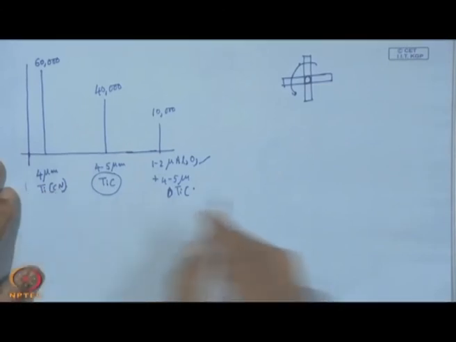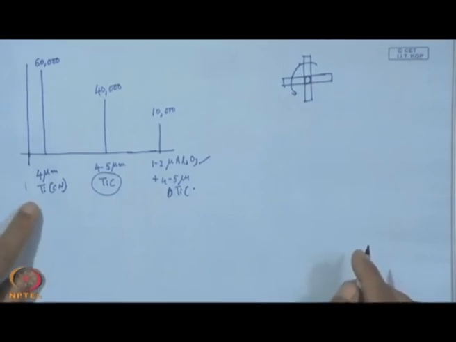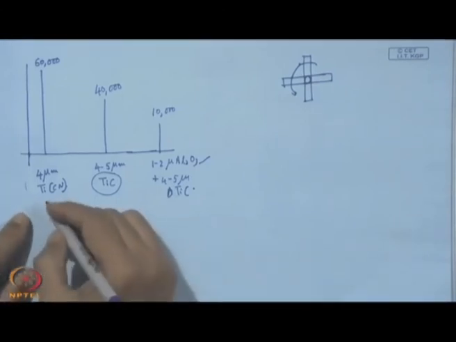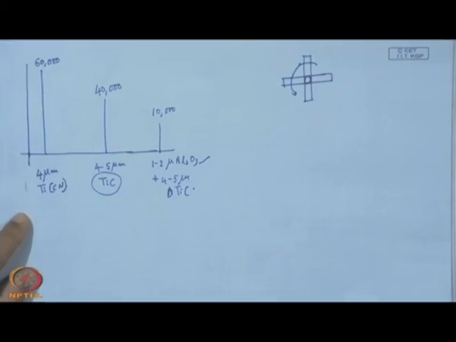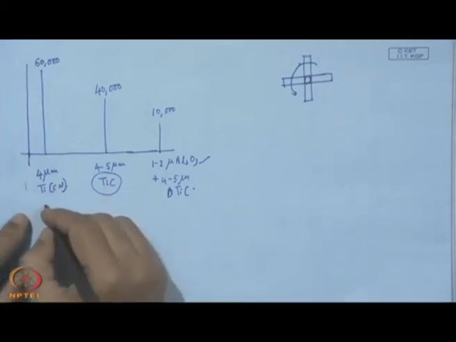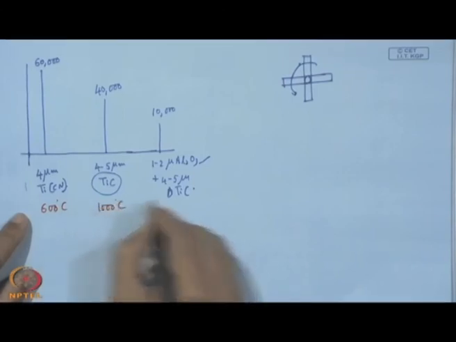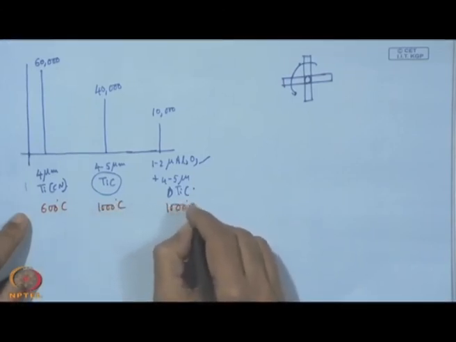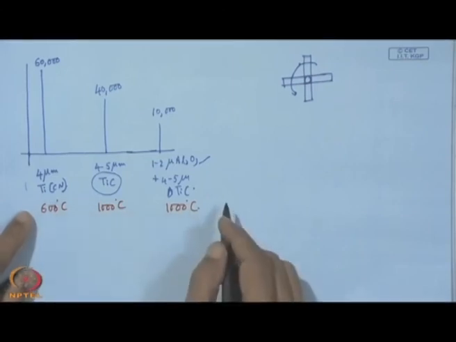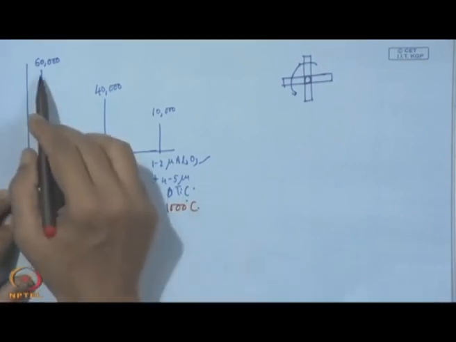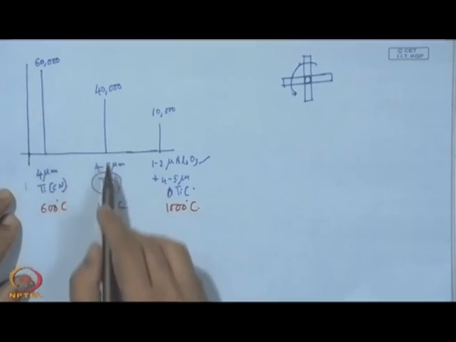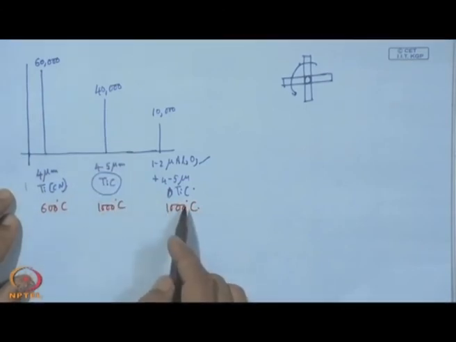So, from this it is also evident that this coating, which is a low temperature coating deposited at 600 degrees centigrade, while this is 1000, and this is 1000, and which are comparable in terms of thickness, has a clear edge over the high temperature coating.